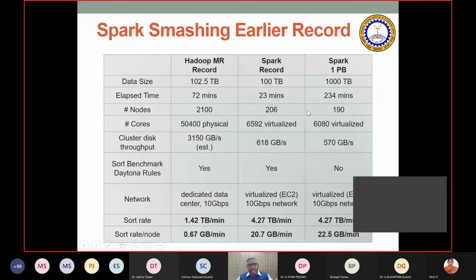So as an example, if you look at MapReduce with 100 TB of data, and similarly the 100 TB Spark record, and if you look at 1000 TB or 1 petabyte of data, you see these combinations. Using 2100 nodes, it took 72 minutes, but using only 200 nodes, it took only 23 minutes. Imagine if it was using 2000 nodes here also, it would have been 2 minutes.